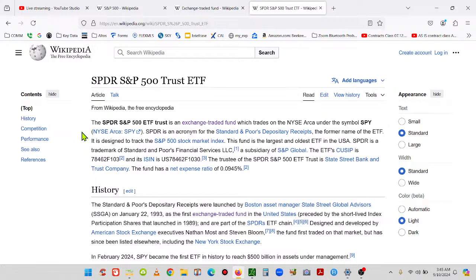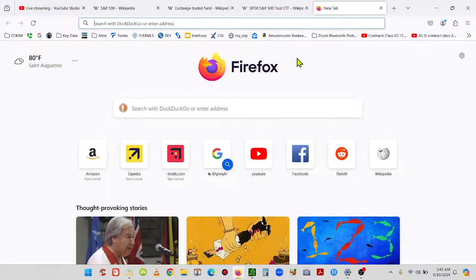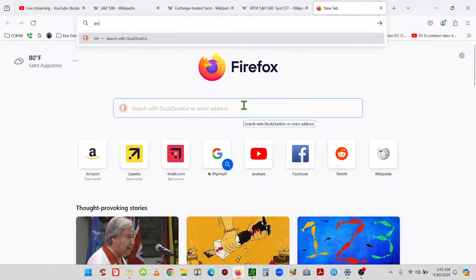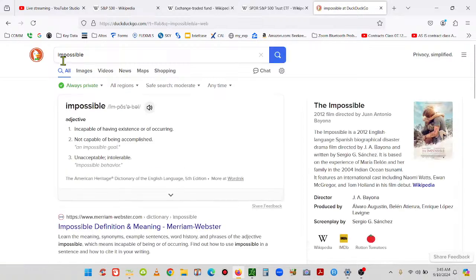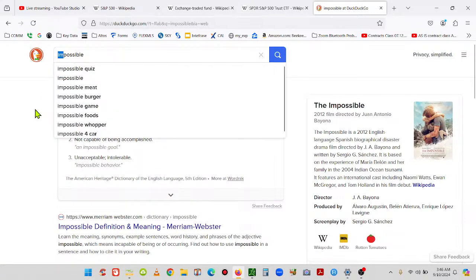Also think about things such as quotes, inspiration, things that keep us achieving. So you see this word impossible? You know what you could do with impossible? You can put a space in it and make it I'm possible.